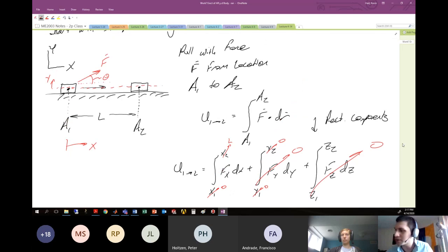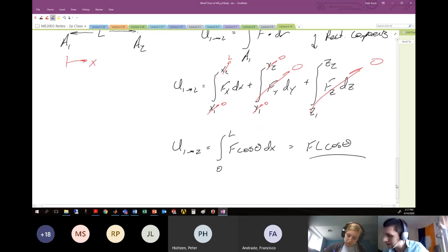Now, one last thing I'll add: if this box is moving from the left to the right, there may be some friction force opposing that motion as you go. If that's the case, you just tack that on as part of this integral because it's in the path of x, but in the opposite direction.